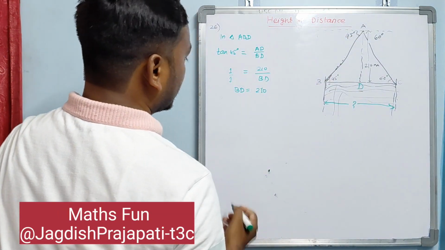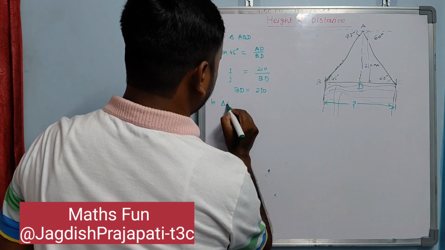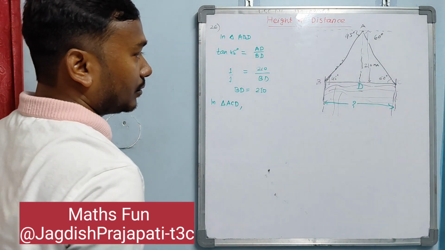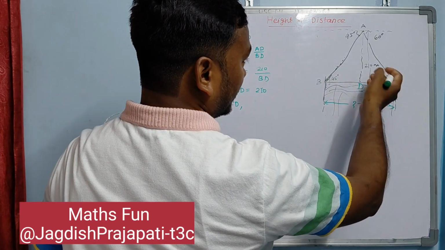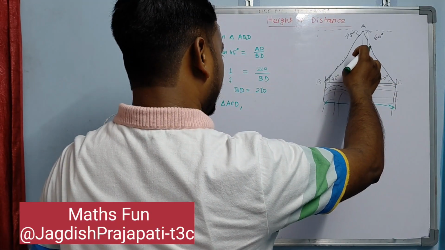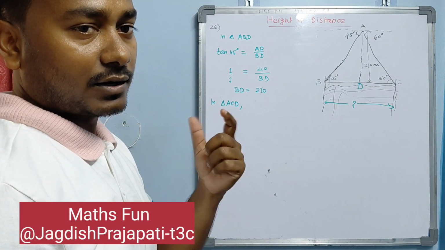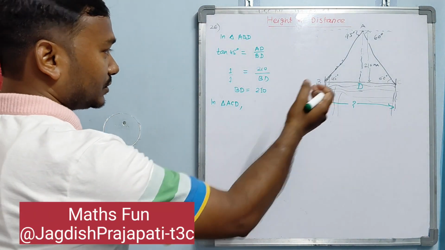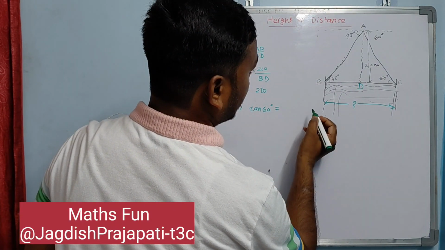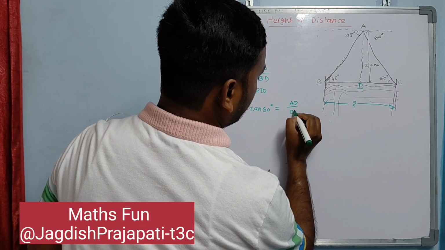Now use the other triangle, in triangle ACD. What can we use here? Same tan, because we know this and we have to find this. For this angle this will be the perpendicular, this will be the base, and this relation is provided by the trigonometric ratio tan theta. So tan 60 degrees is equal to AD upon DC.